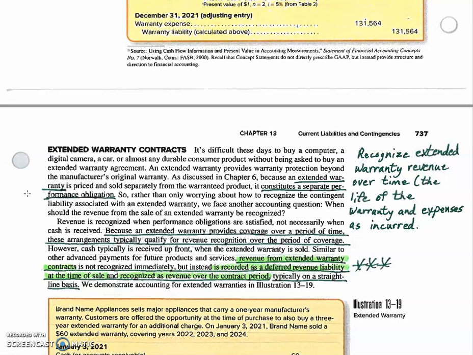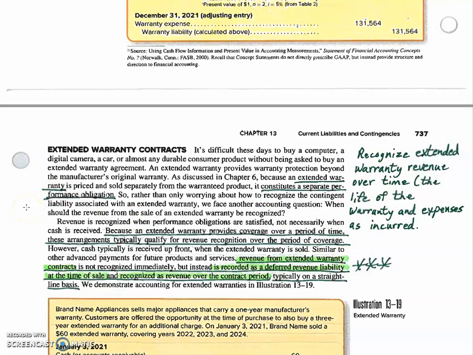Now, the new revenue recognition principle changed the way revenue was recognized on extended warranties. And now, for extended warranties, revenue is recognized over time, over the life of the extended warranty, and the expenses are recorded as incurred. So anyway, it just makes it a lot simpler.